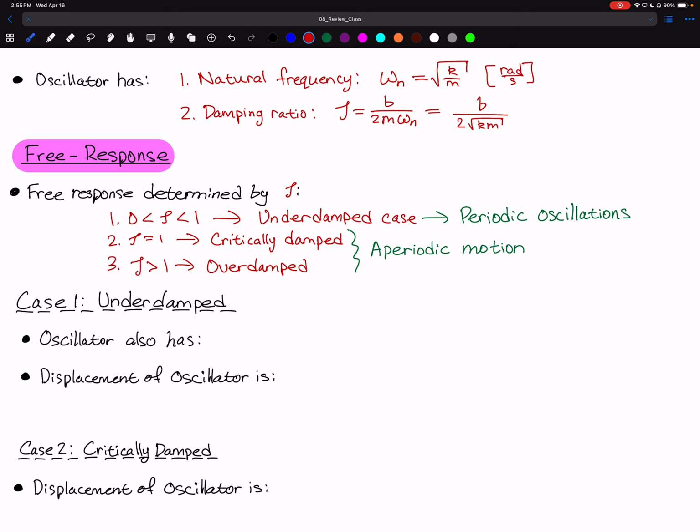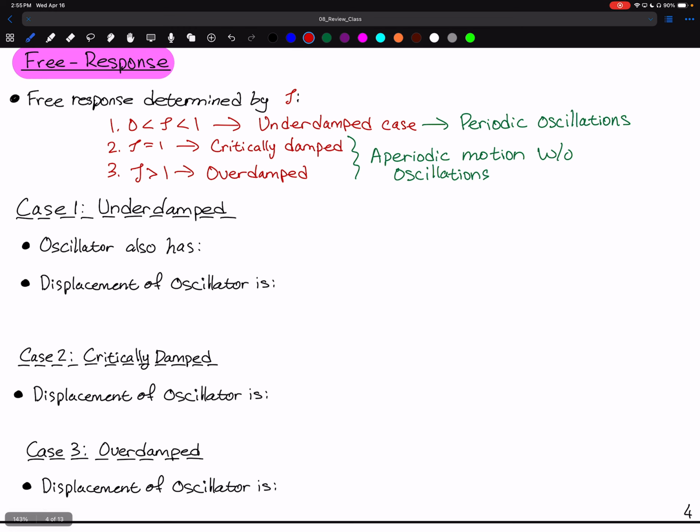This will be a little bit more specific here, because you can encounter systems that are oscillating aperiodically. Not in anything we covered in this class, but in general they exist.